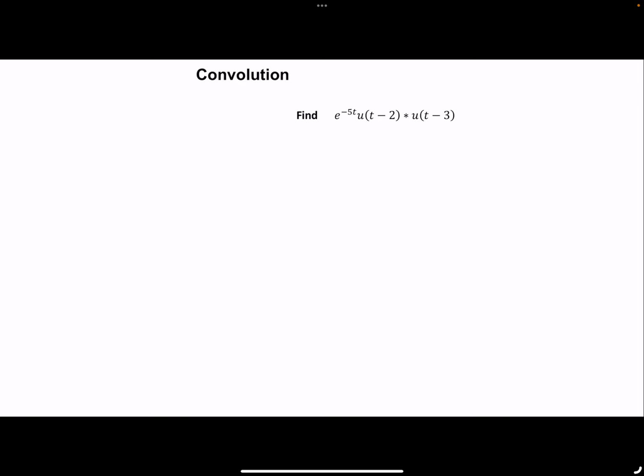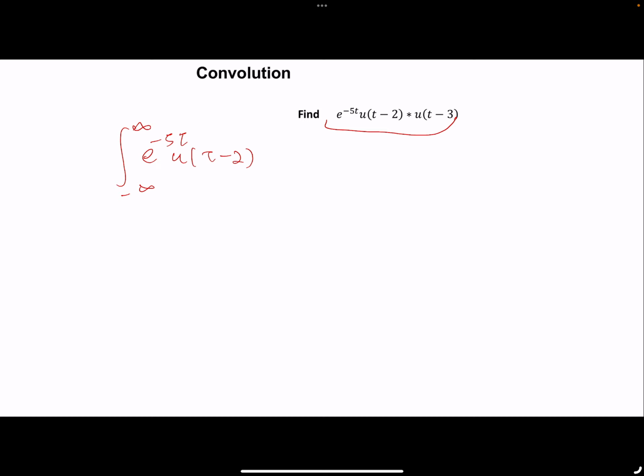Let's do this. Remember, when we're analyzing these convolutions, we have to analyze this integral: e to the negative 5 tau, u of tau minus 2, u of t minus tau minus 3, d tau.